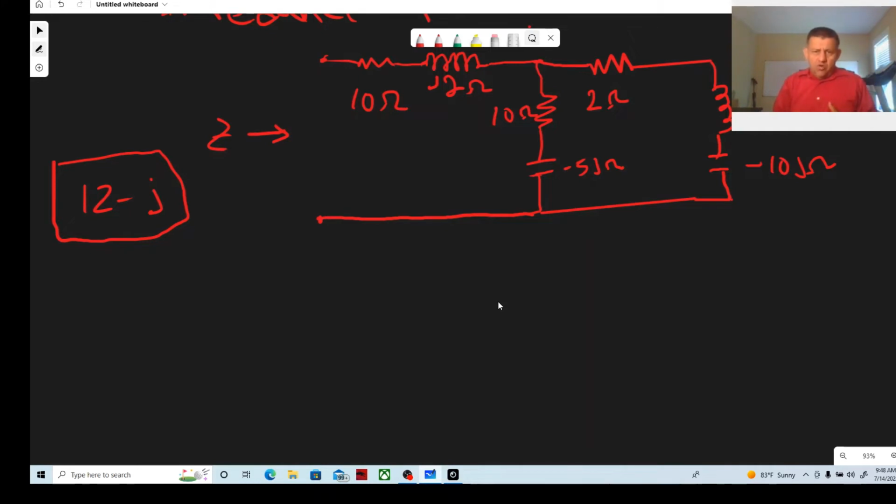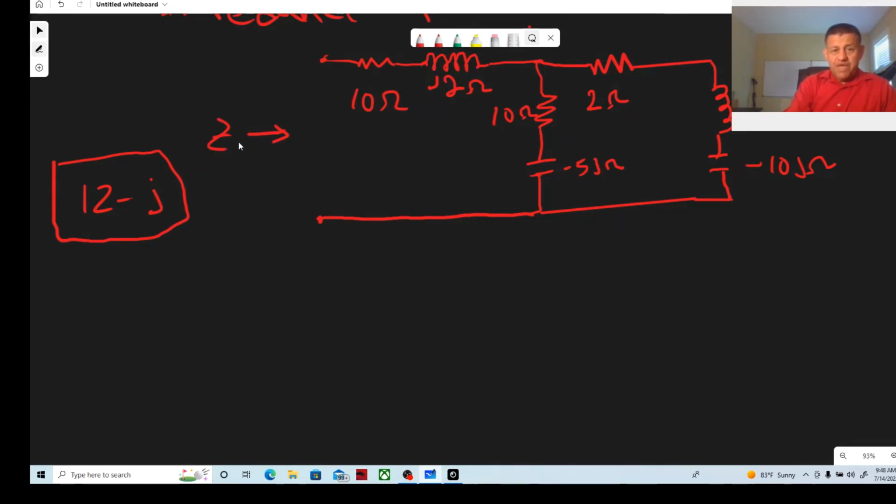Okay, so remember, we're now dealing with resistors and a combination of inductors and capacitors, which means that we have a J. Instead of having a pure resistance, we have a J, which is imaginary values of the impedance.